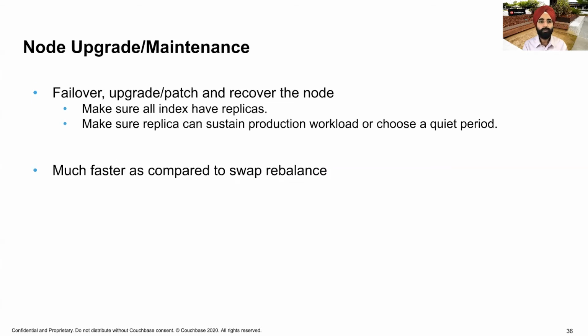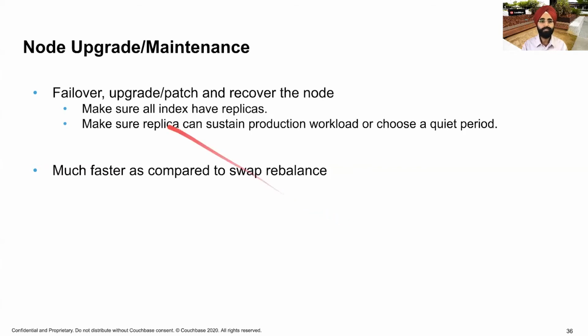Now let's look at node upgrade and maintenance. We recommend using the same strategy of failover to perform any node upgrade or maintenance operation, as that's a very fast process as compared to rebalancing out the node, patching it, and then rebalancing it in.